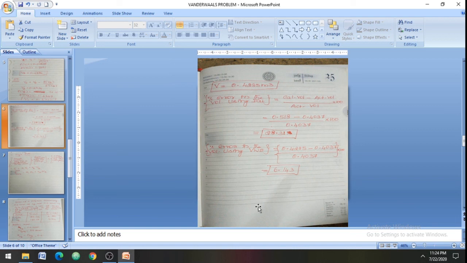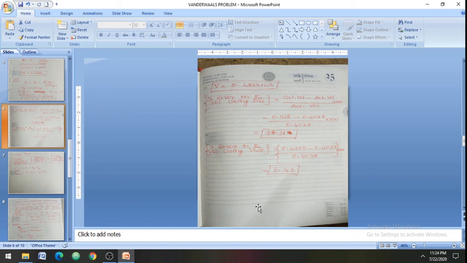In this case, the calculated volume for the ideal gas law we already have, 0.518. The actual volume is given in our problem, 0.4037. Substitute the values and the answer is 28.31. This is using the ideal gas law.